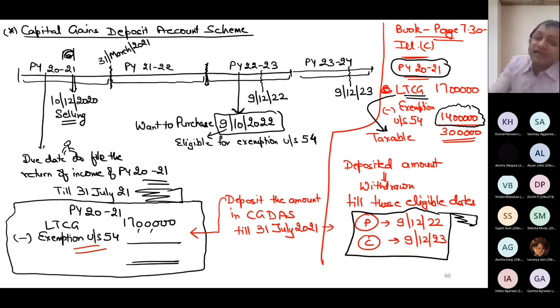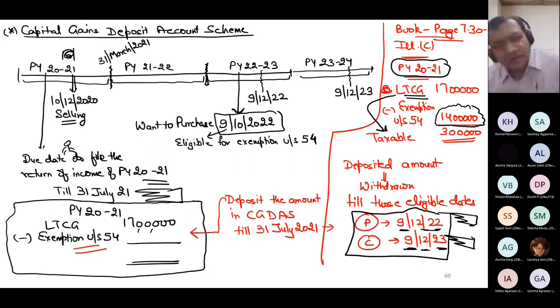What is the maximum last date? In this example, for purchase the last date was 9 December 22 and for construction the last date was 9 December 23. So the government will wait maximum till 9 December 23. After this, if you are utilizing, then that is no use.